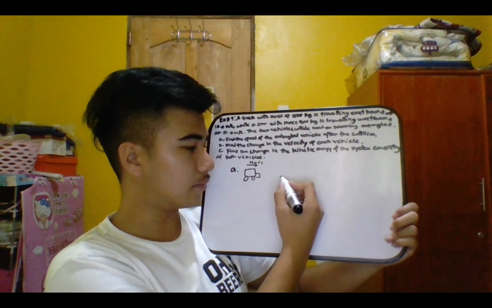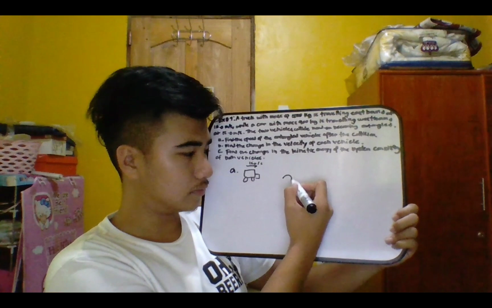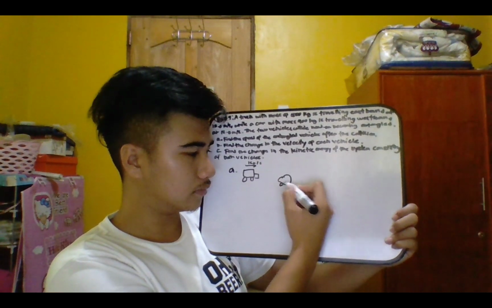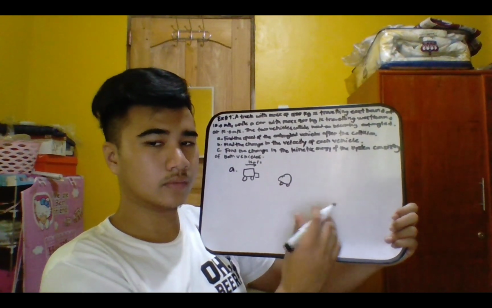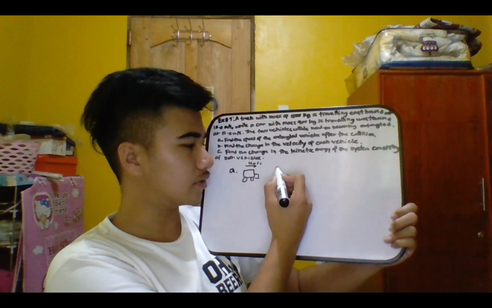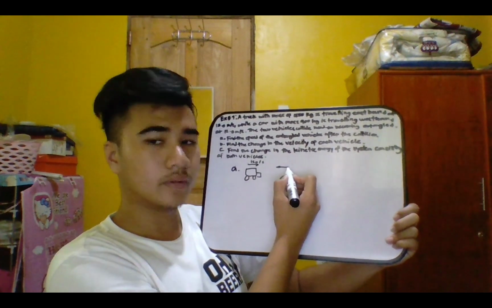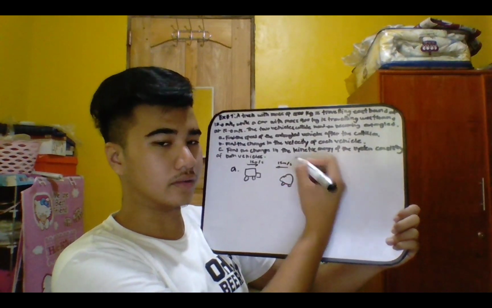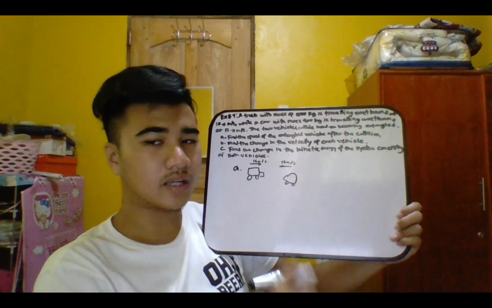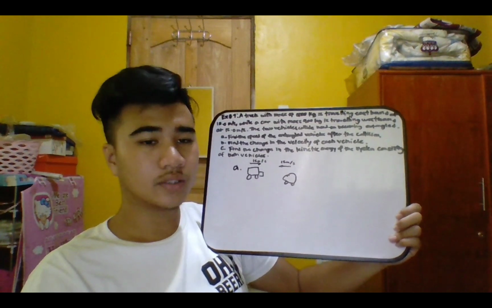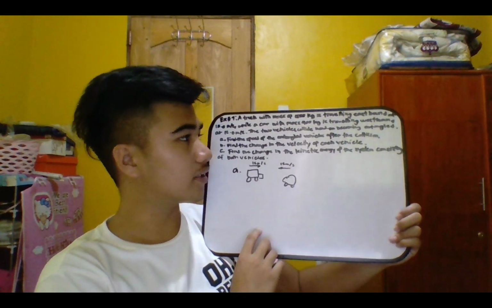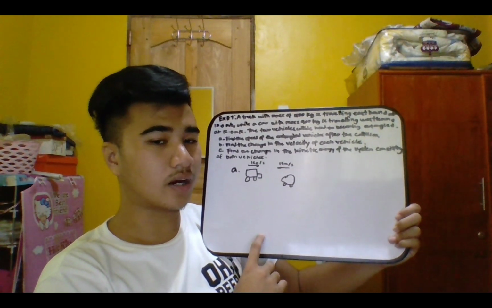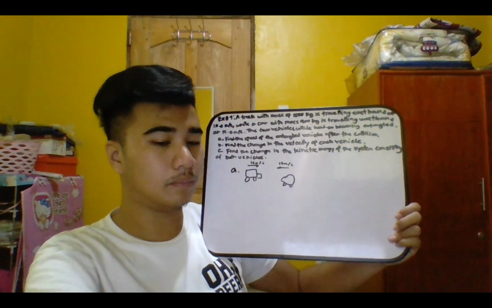And the car is traveling westbound, to the left, with the same velocity of 15 meters per second. The difference is their mass. The truck is 1,800 kilograms while the car has 900 kilograms of mass.